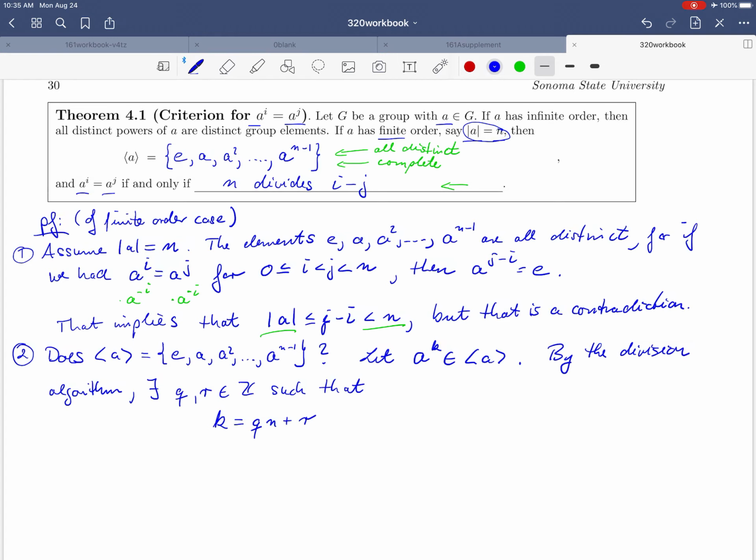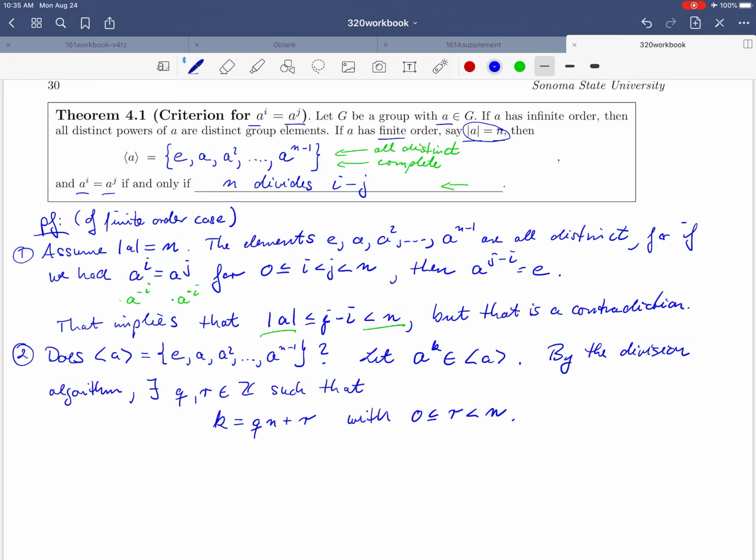So we're applying the division algorithm, dividing k by n. And so that gives us our quotient q and our remainder r. And the remainder has to be between 0 and definitely less than n.